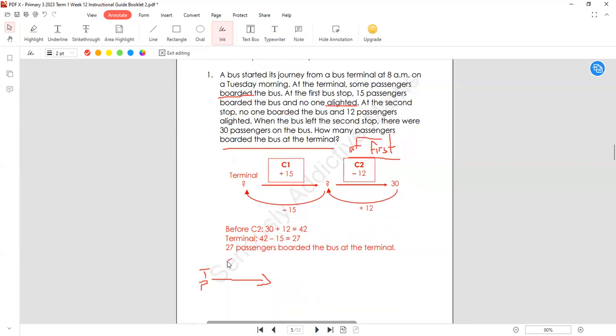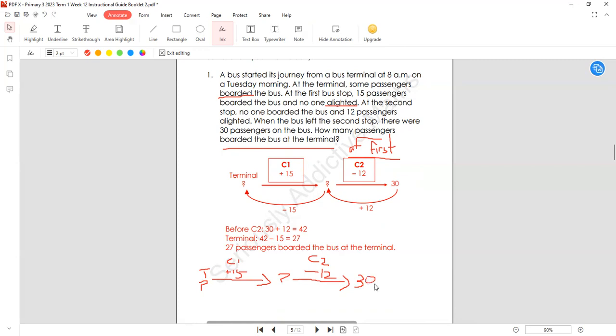At the first stop, we write it as change 1, 15 boarded, so plus 15. Okay, then we don't know what this is. Then at the second stop, 12 alighted, so this is change 2. 12 alighted means take away 12. And then they end up with 30.